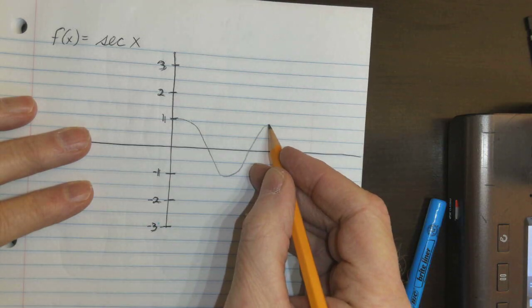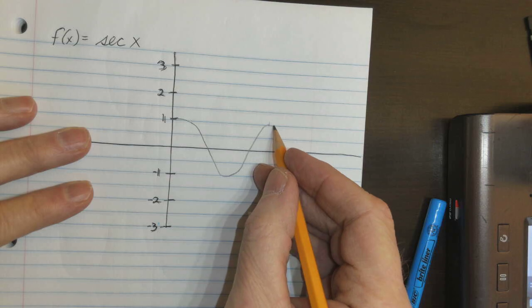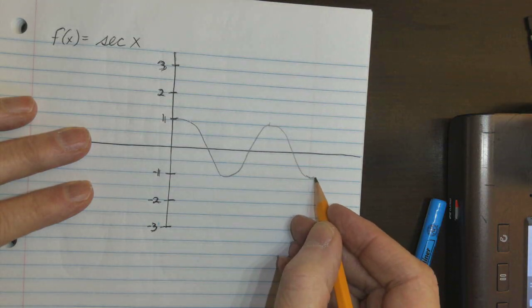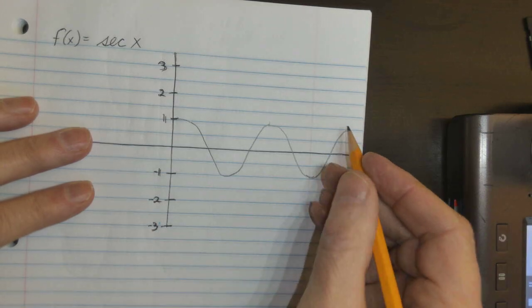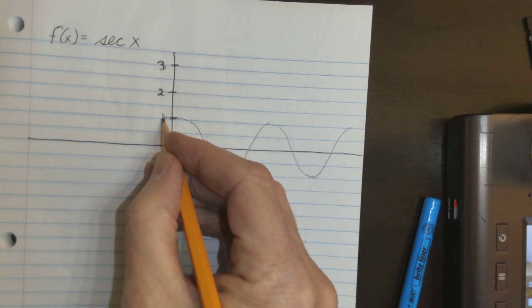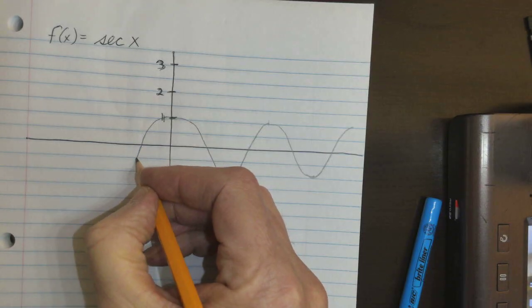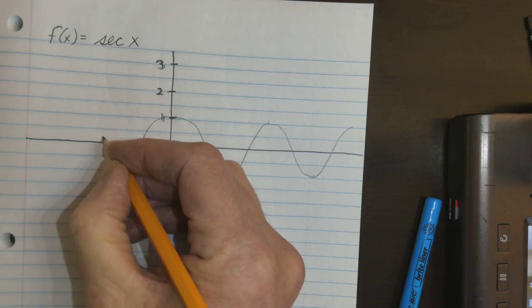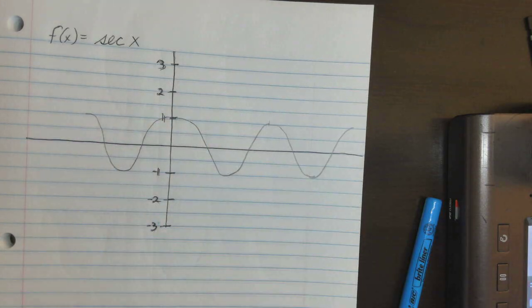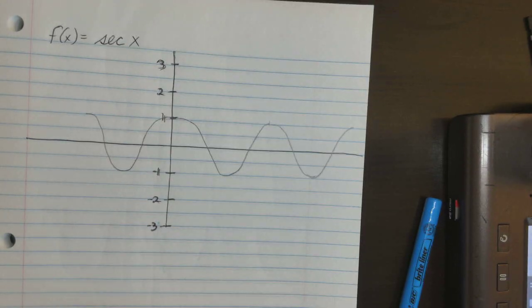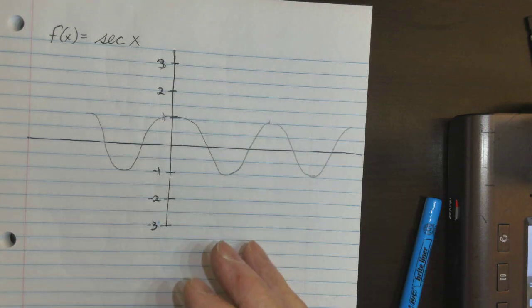And then it'll do that again from here, down, hits down here, and comes back up here. We've already done it, so I'm going to scale after I draw. You're going to find that a lot of what I do is have you draw the general shape when we graph, and then we'll write the scale.